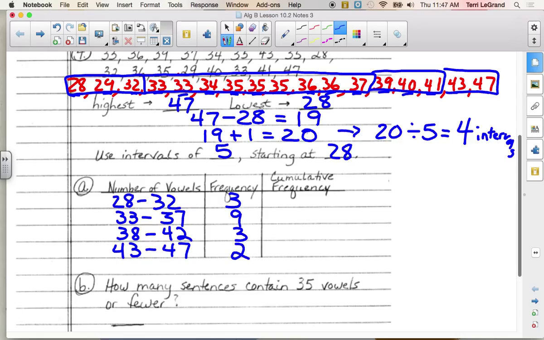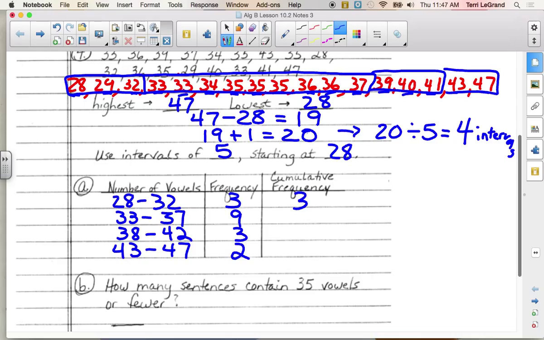Now, here's the deal. When we do a cumulative frequency table, we will find out if it adds up to the right number by doing our next column. It's just like our grade sheet on total points earned and total points possible. When we get to this box, we look up and see how many were there above. In the first one, there's nothing above it, so 3 plus nothing is 3.